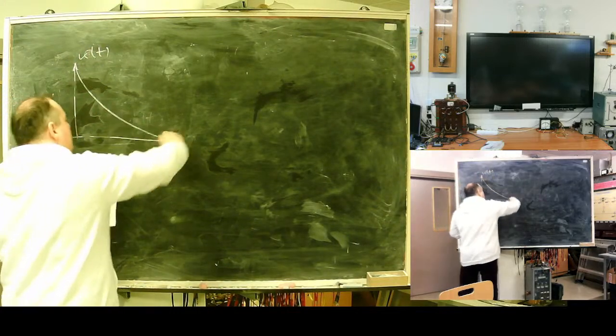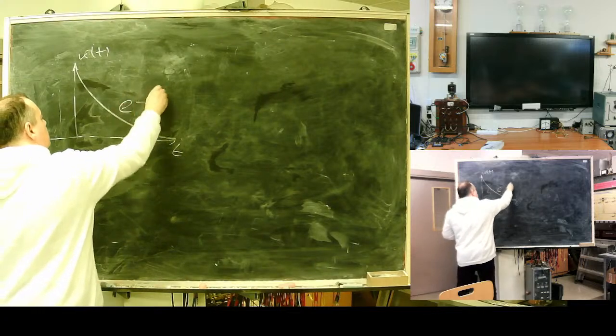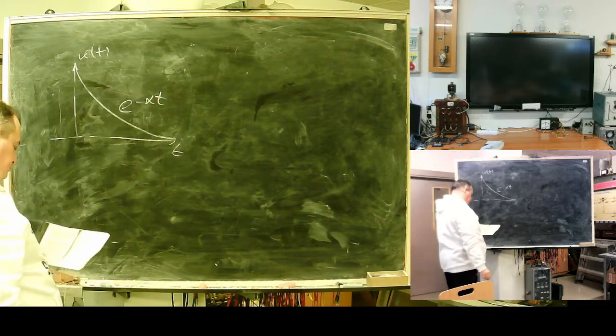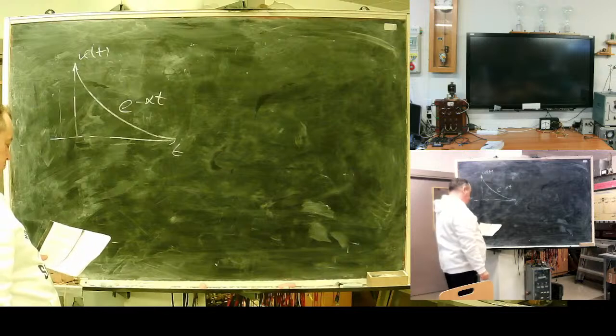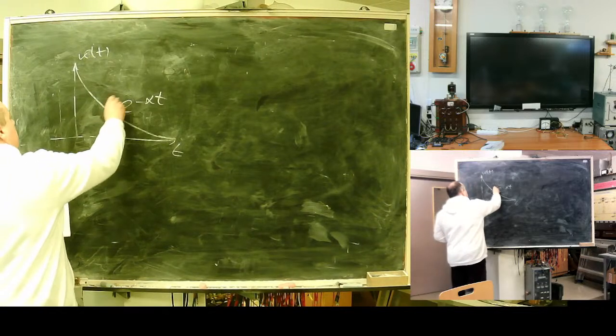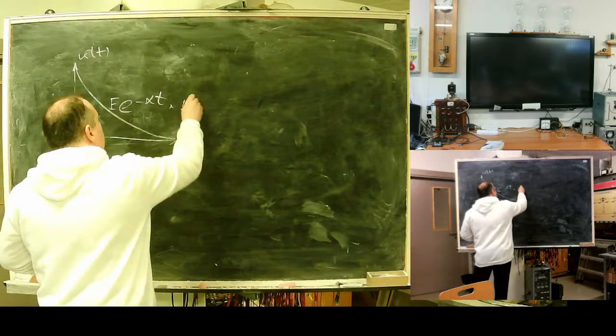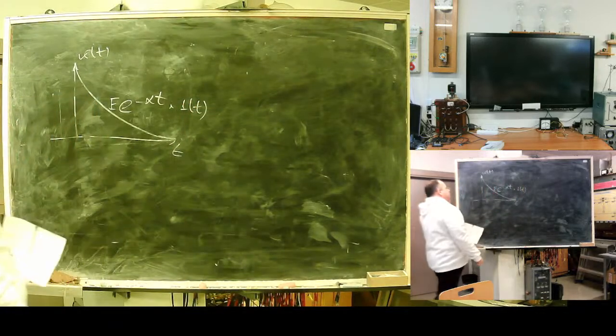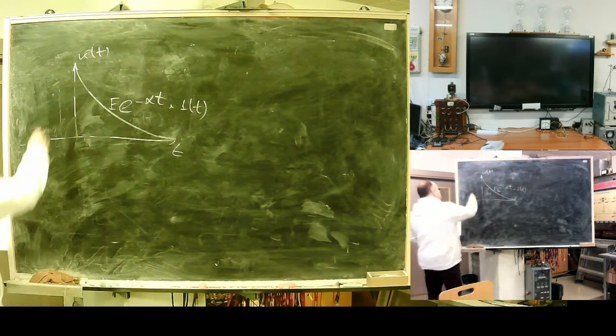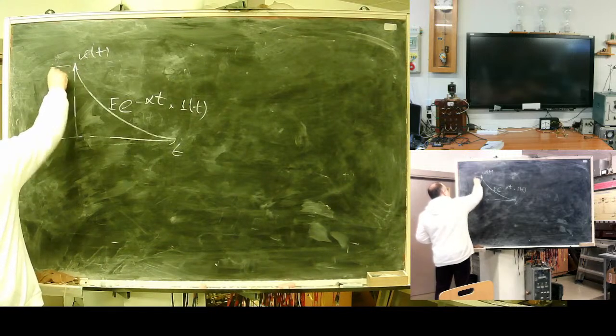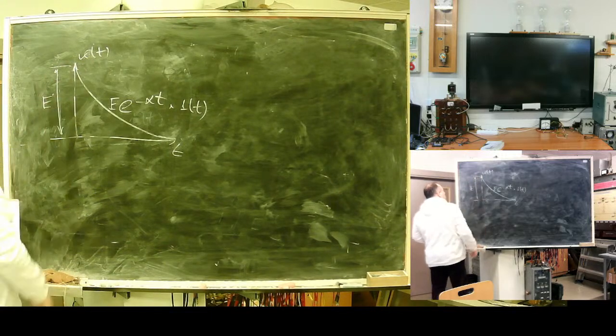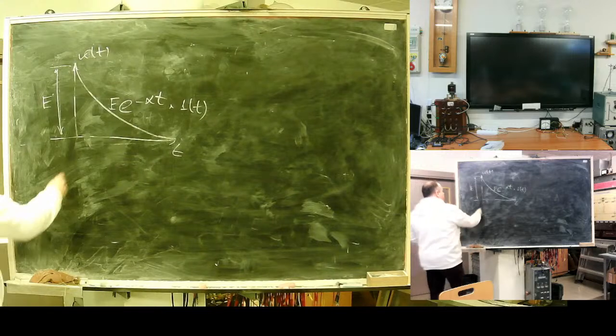Decaying exponent, e to the power minus alpha t, right? Multiplied by 1 of t, it starts from 0.